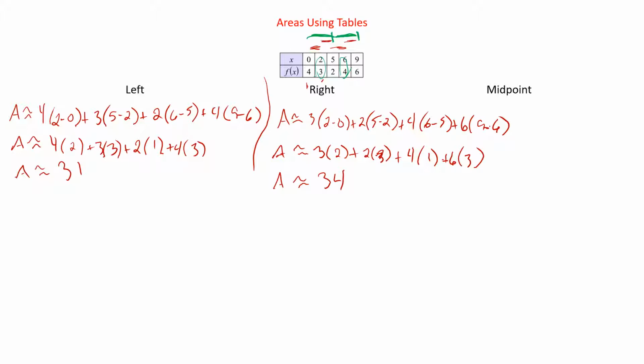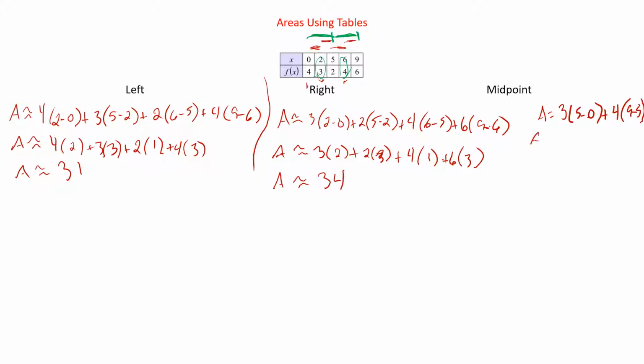So, how to do this? It's going to be basically the same. We won't need quite as much room because we only have 2 intervals, but the height is going to be 3 for the interval from 0 to 5. So we're going to have 3 times 5 minus 0, plus this one's going to be 4 from 5 to 9, so 4 times 9 minus 5.